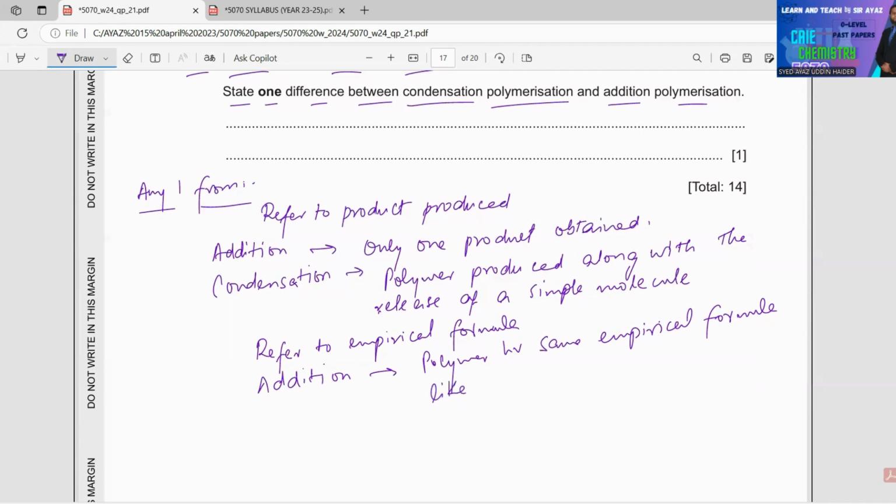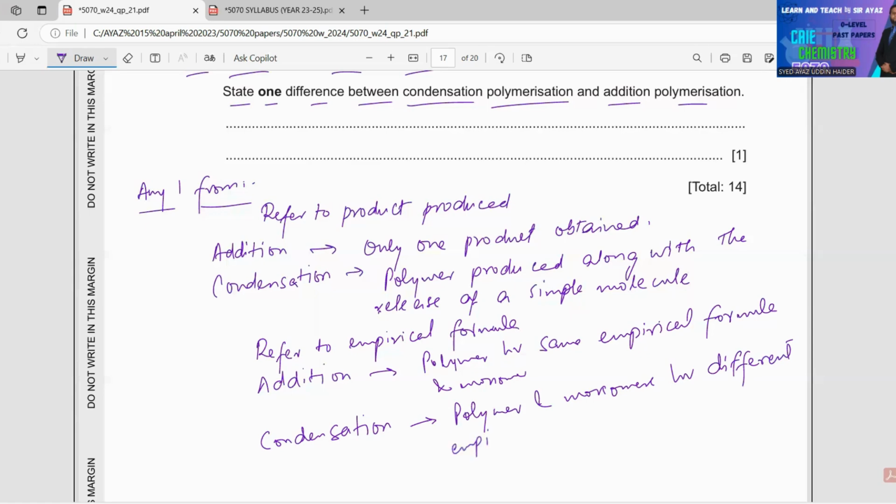In condensation, polymer and monomers have different empirical formula.